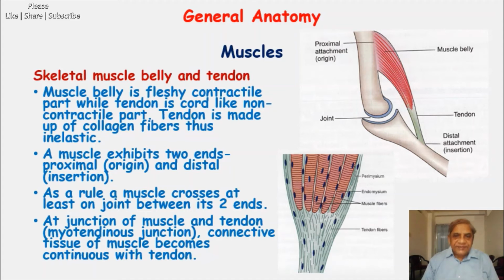But these days, mostly the terms origin and insertion are not used. Most of the books will usually refer to them as the proximal and distal attachment of a skeletal muscle on bones. So the origin is called the proximal attachment, and the distal attachment is called the insertion, though you should remember both the terms.